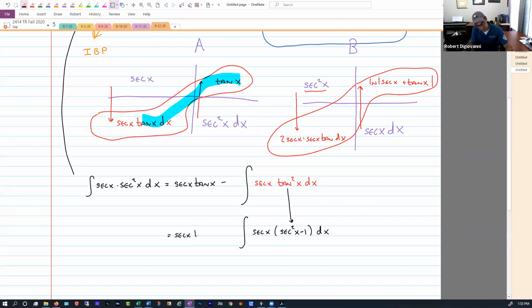Now, why is that going to be useful? Because if I now distribute this through, I get secant x tangent x minus the integral of secant cubed x minus secant x dx.